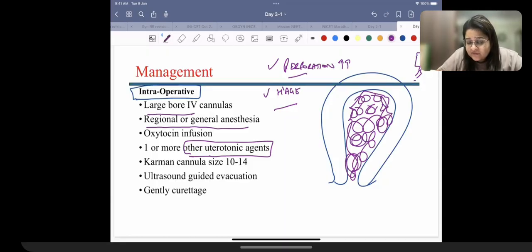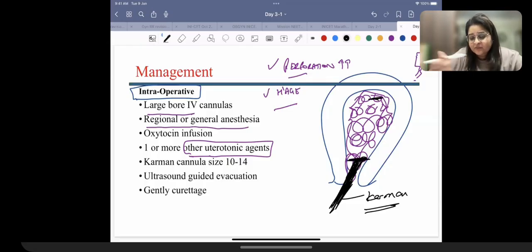How will you do the suction evacuation? You will use the manual vacuum aspirator or the electrical aspirator, but the instrument you will insert inside the uterus is called the Karman's cannula. You will insert the Karman's cannula, and very important, you will insert it just beyond the internal os. Don't insert the aspirator all the way inside.